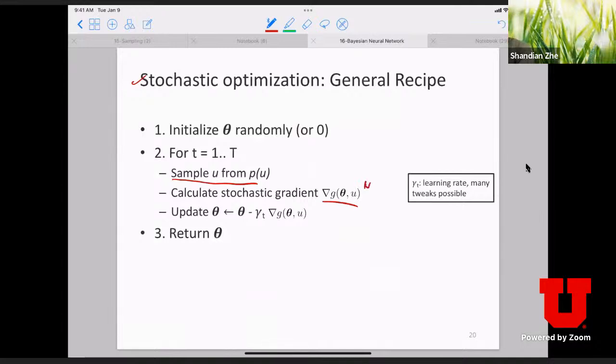But you have to rescale it by N over B. And then you update your model parameters with the stochastic gradient based on that mini batch. And next iteration, you sample another mini batch. You keep doing this until whatever stopping criteria are met.